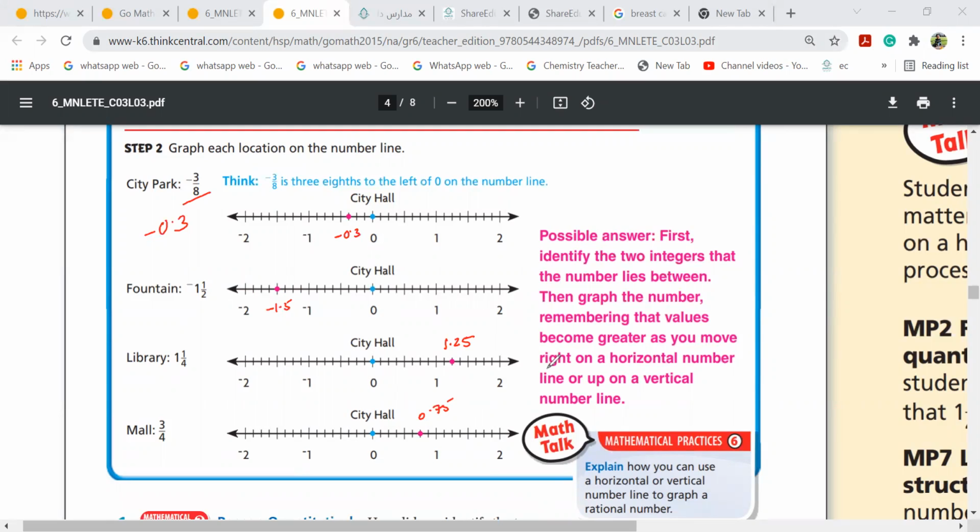Done? Miss, no, I'm just putting the dots on. Okay.